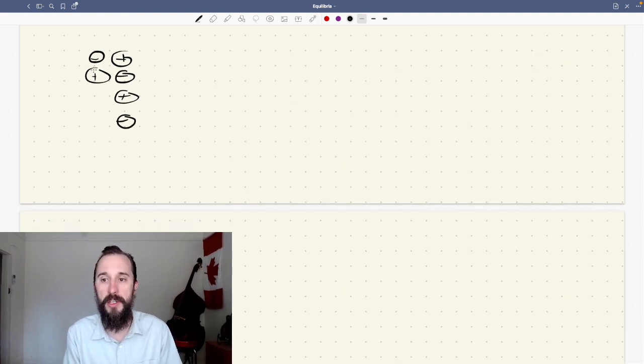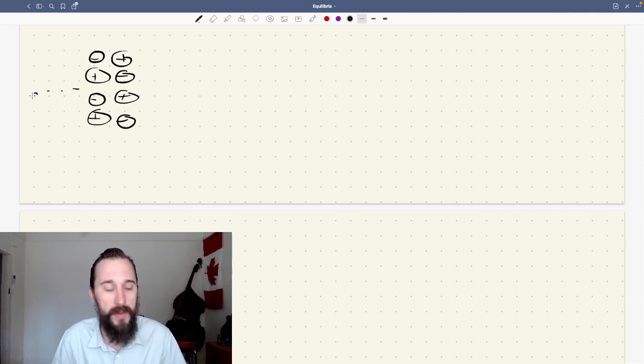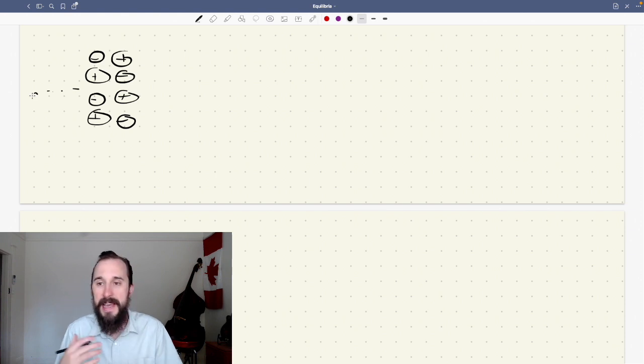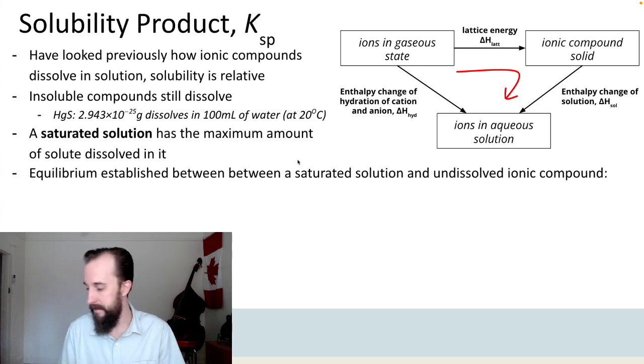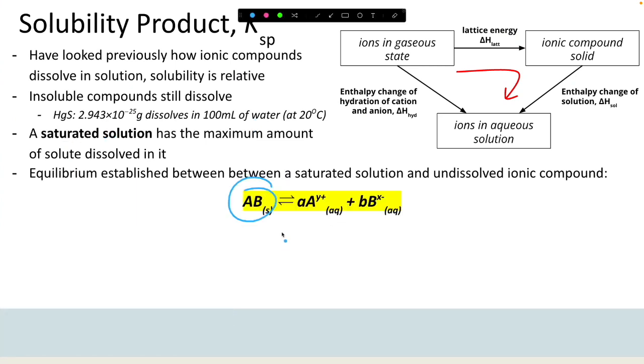So, we have an ionic solid like that, that goes on all back through there. There's an equilibrium occurring where we have our compound in the solid form and an equilibrium is established between the solid ions and the aqueous ions.